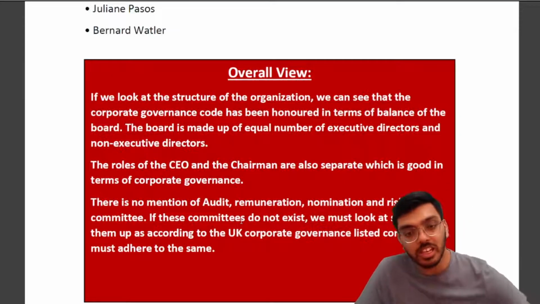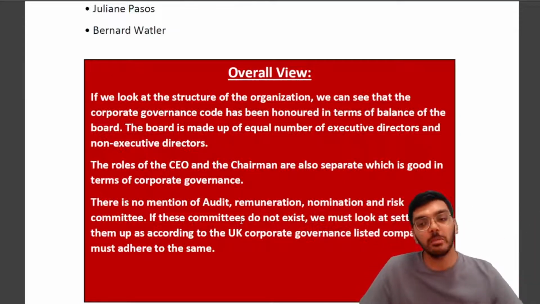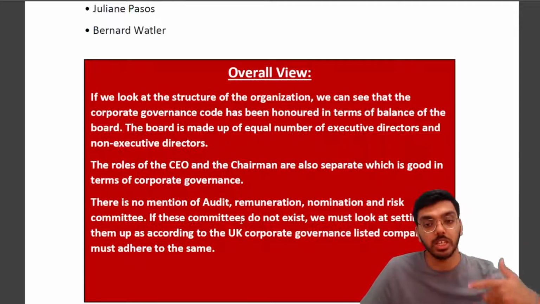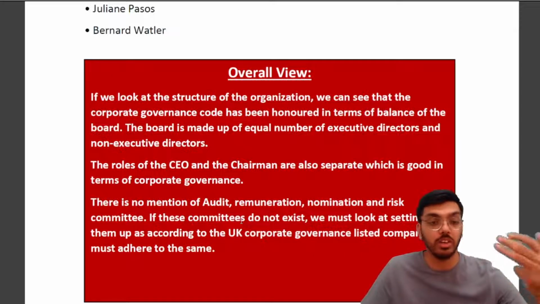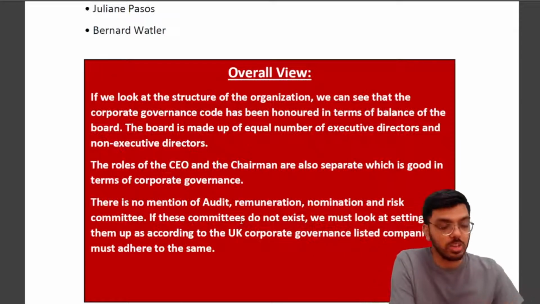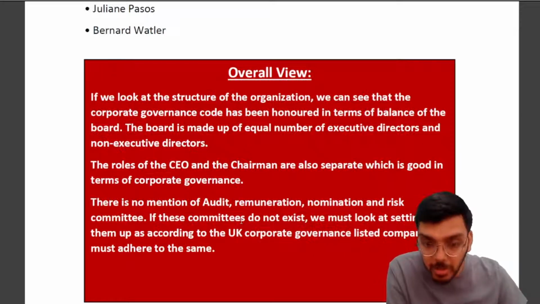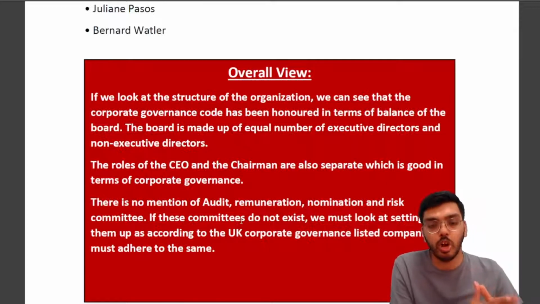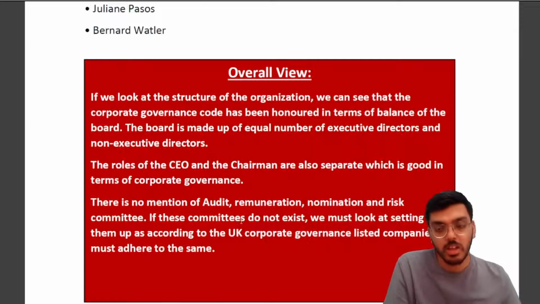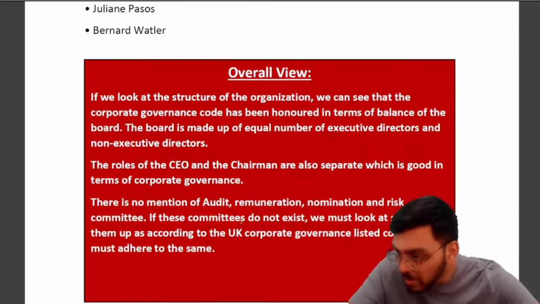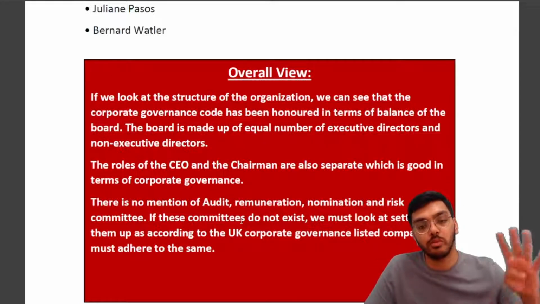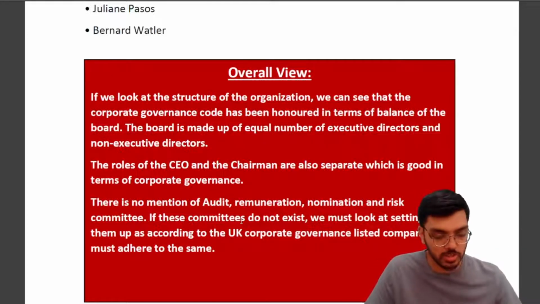The only thing that they have not mentioned anything about is the audit committee, remuneration committee, nomination committee, and risk committee. These are committees that are recommended under the corporate governance code, and in this pre-seen they have not mentioned anything about these 4 committees.